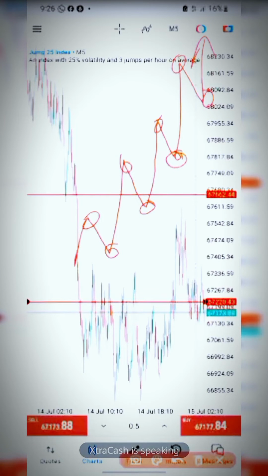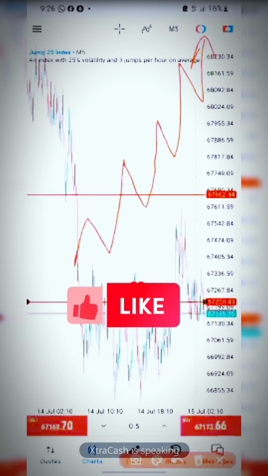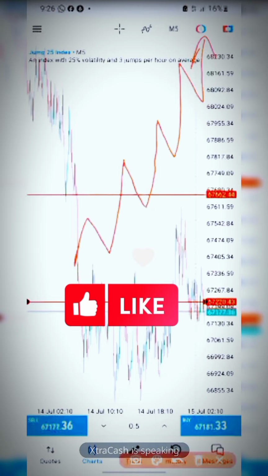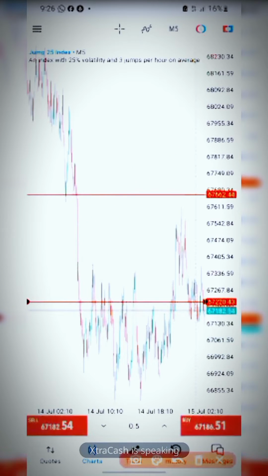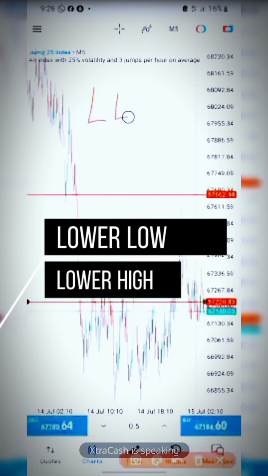Now my aim and objective is to explain this trend line in a way that even a layman will find very easy to understand. To make it easy for a layman, you must look at this: for every bullish trend, you consider that you have a lower low and a lower high.